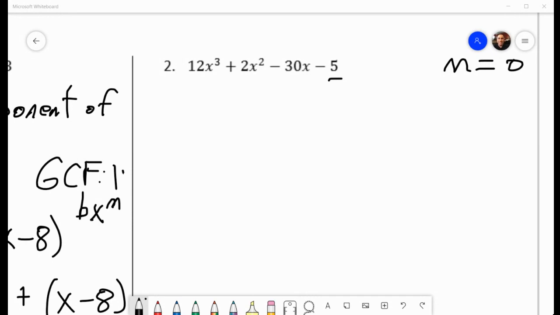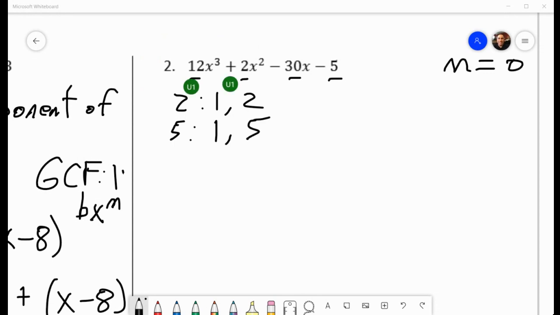Now, the question is, if we look at the coefficients, 12, 2, 30, and 5, what is the greatest common factor? Well, if you look at 2 alone, what are the factors of 2? 1 and 2, right? Now, if we look at 5 alone, so I'm dealing with the smaller numbers first, we have 1 and 5.